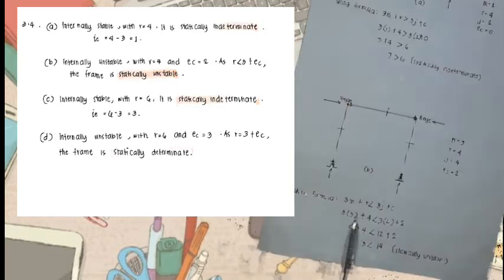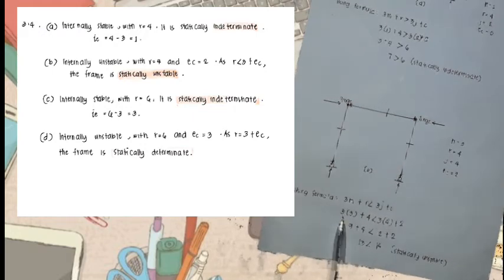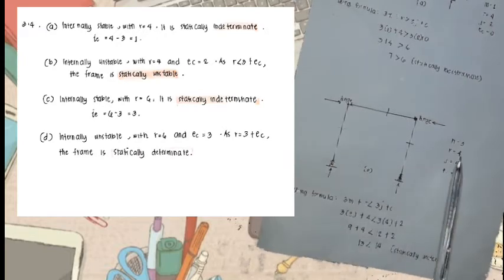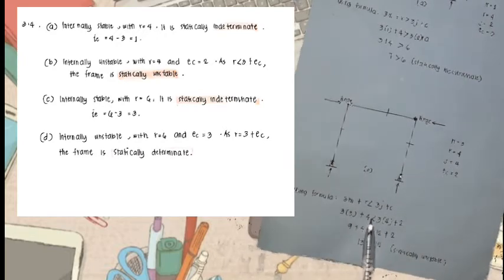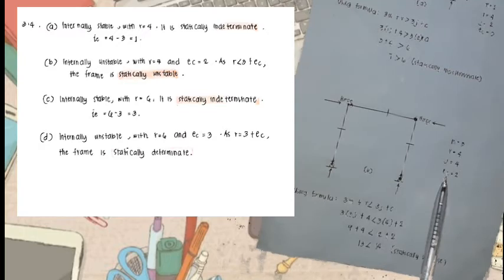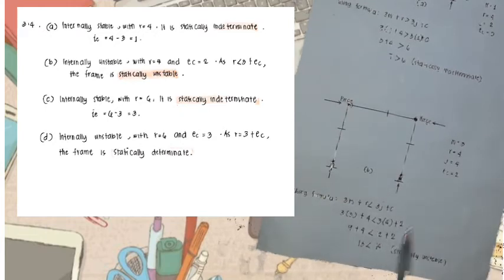In the formula, 3m plus r less than 3j plus c. So 3 times the number of members, 3, plus the reaction 4, less than 3 times the number of joints, 4, plus the number of equations of condition, 2.